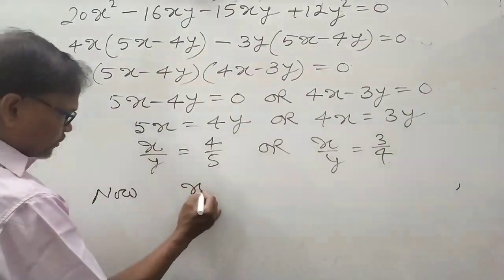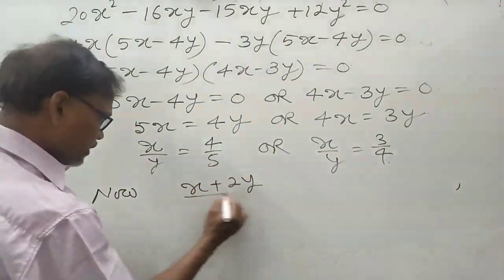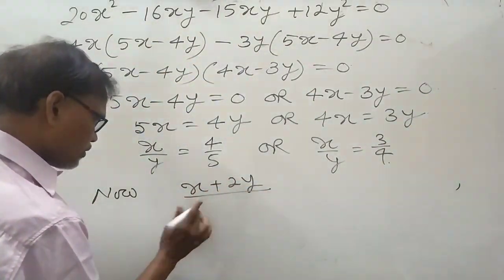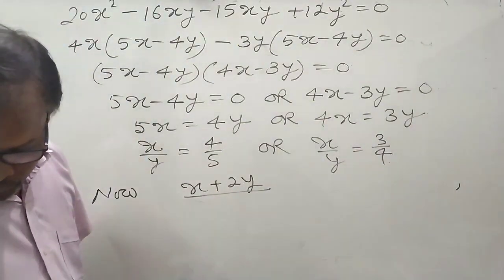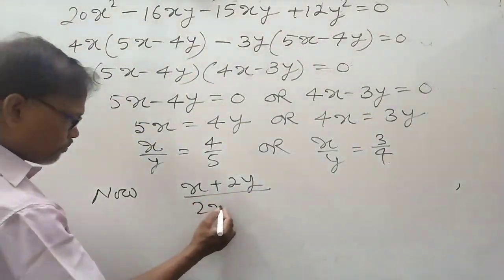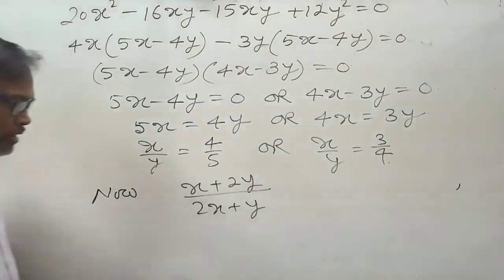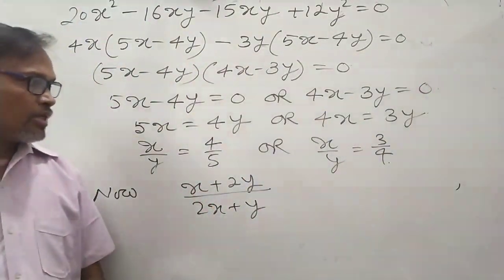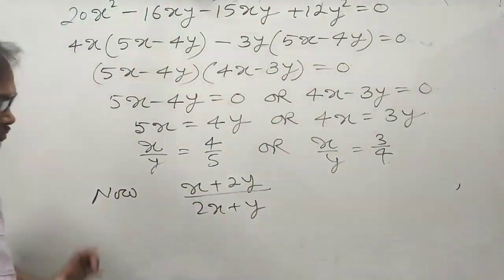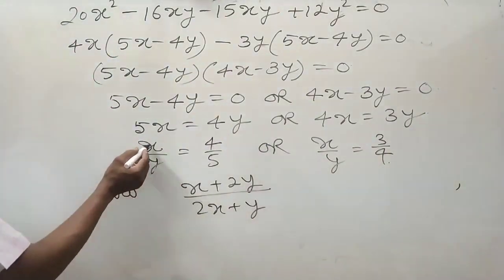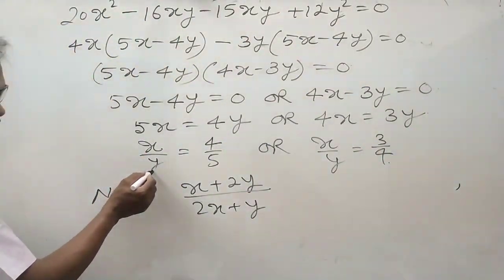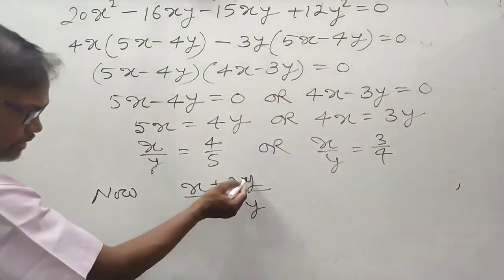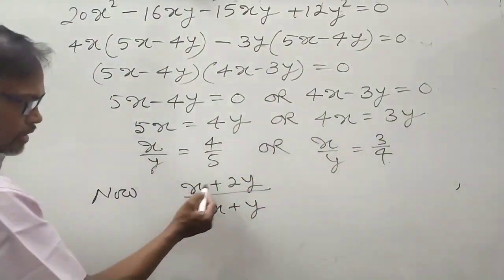Now (x plus 2y) upon (2x plus y): you have to find the value of this. How to find it? Very simple. x upon y is there, and here there is only x and y.